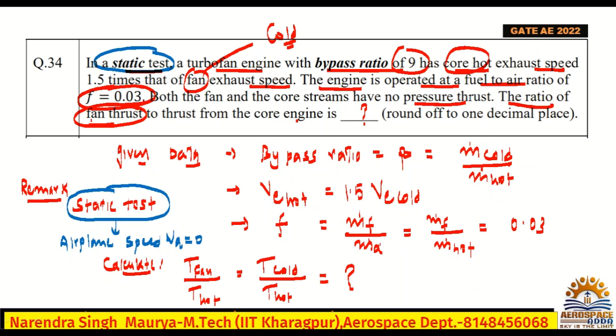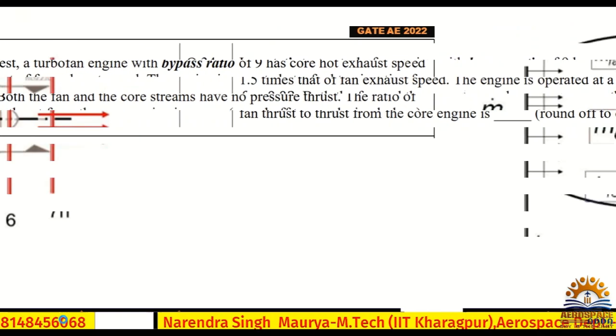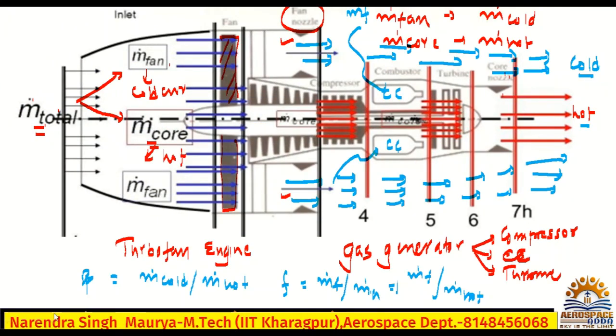In momentum thrust we would also consider the motion of the aircraft, but we don't have any speed of the aircraft, so that part will also be 0. So we get only momentum thrust, which is mass flow rate into exhaust velocity. That's all. Here I will write the equations, you will understand. Don't worry. So this is the brief description, and I have explained the diagram in a very short time. Now we'll solve the problems here.